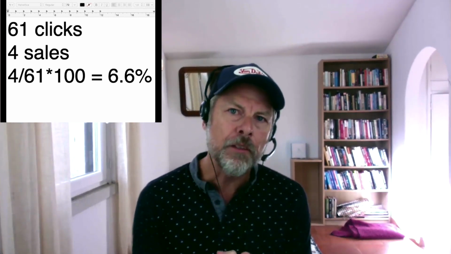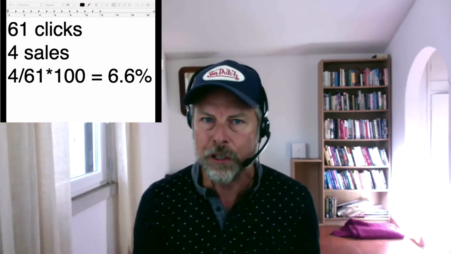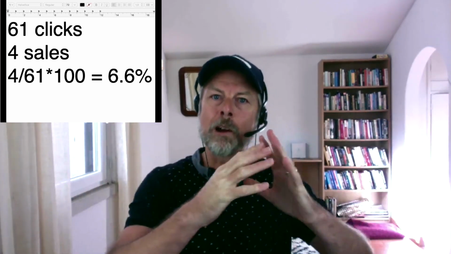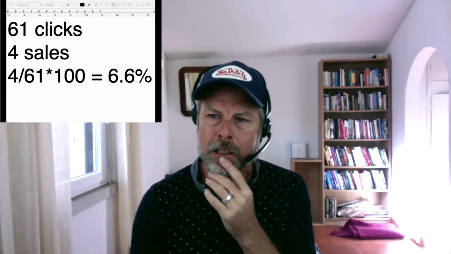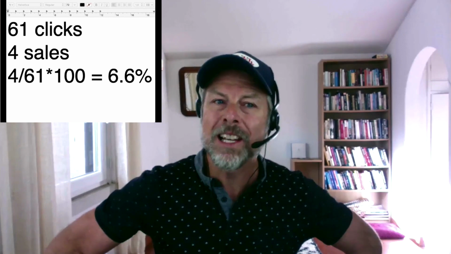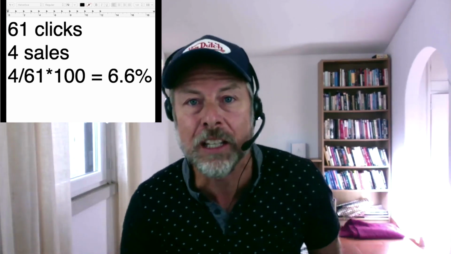And because of that, the quality of the person looking at your advert is going to be different depending on what they search for. So that will have a big impact on your overall conversion rate shown as an average, okay? So shown as the average, it's going to have a big impact on what that means.